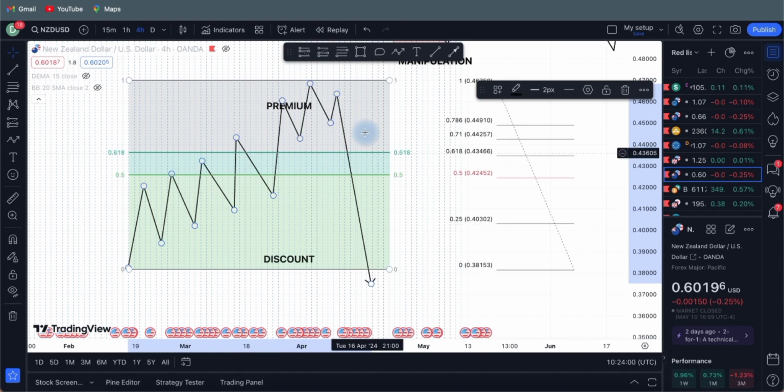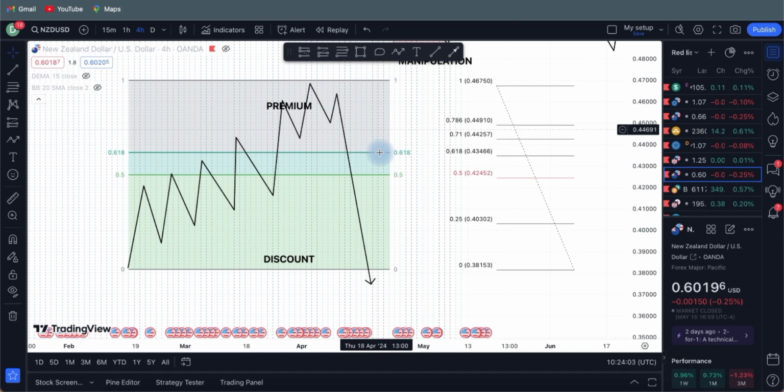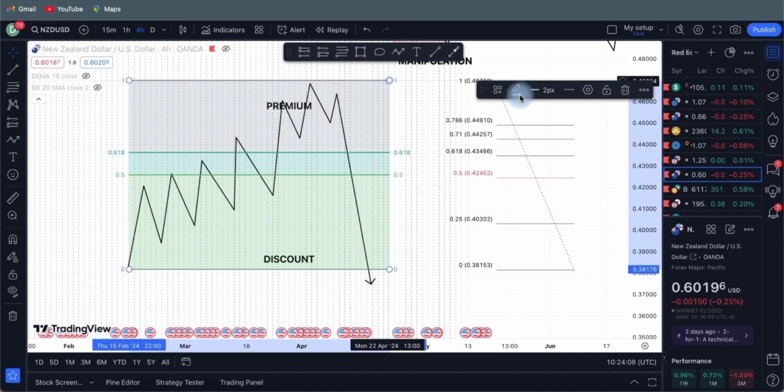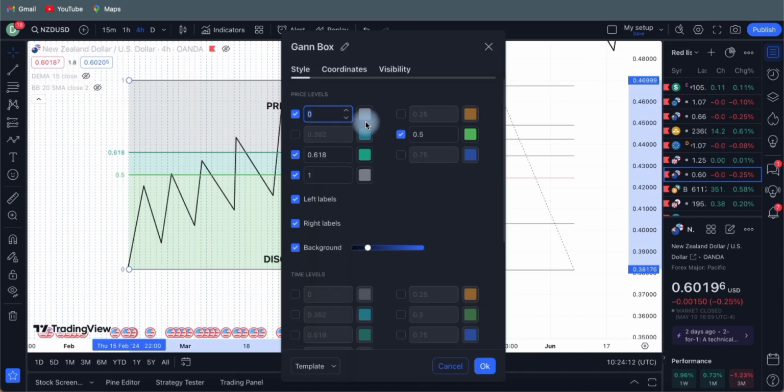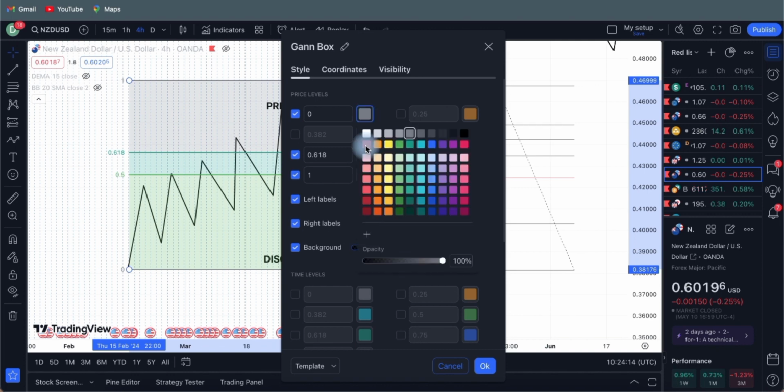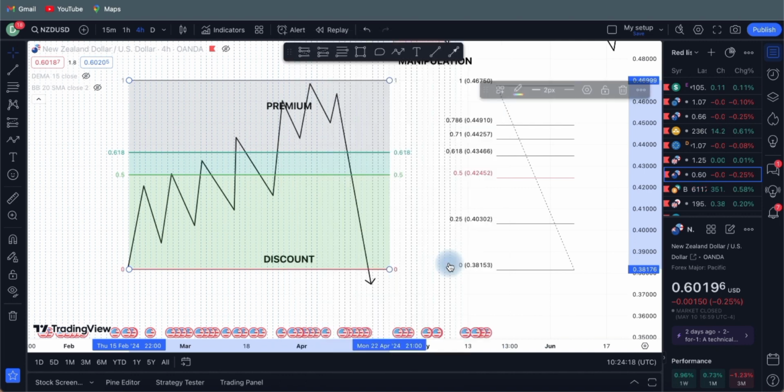Let me even color this well so that you can understand. Let me color it red, because we are all used to sell and buy as red. Sorry, I made a mistake.